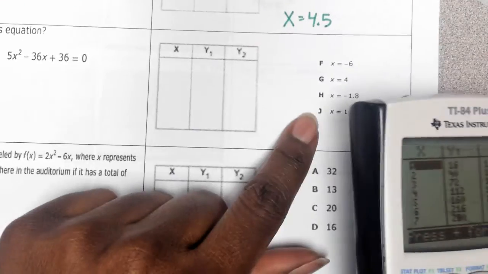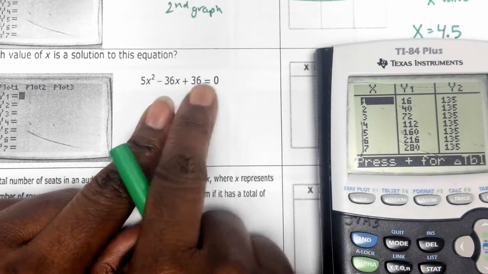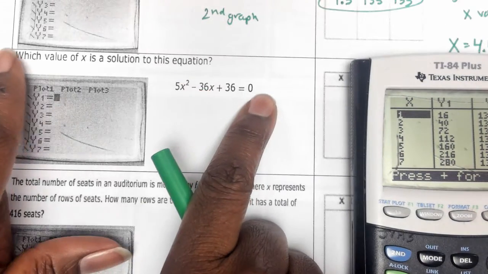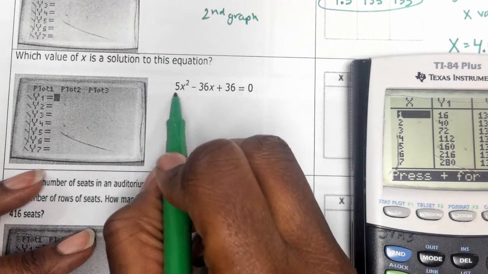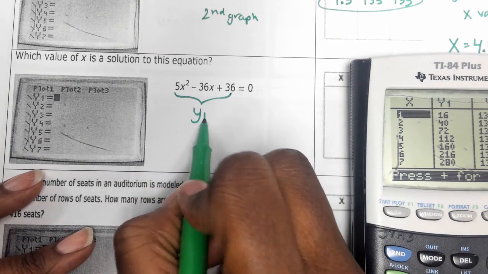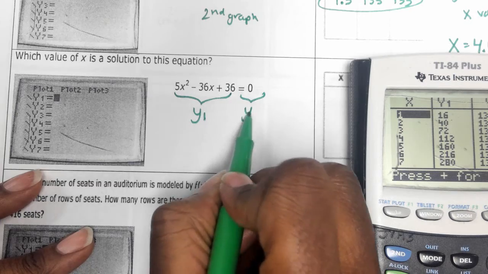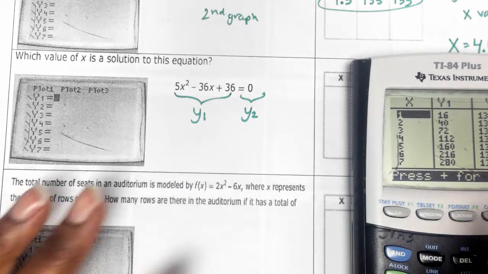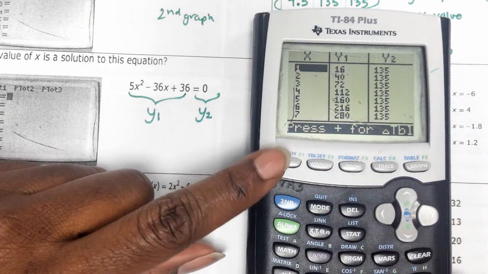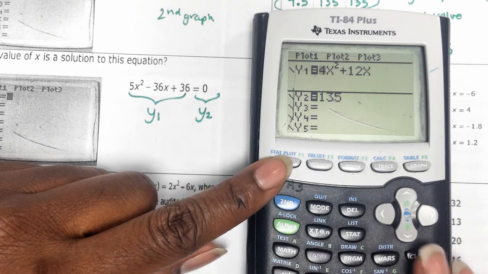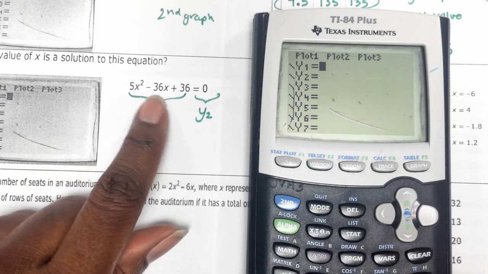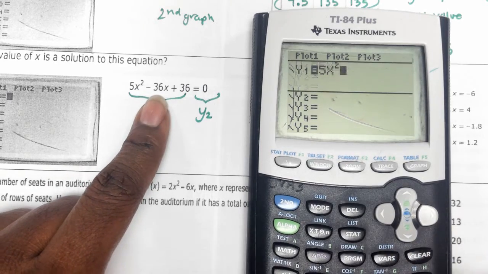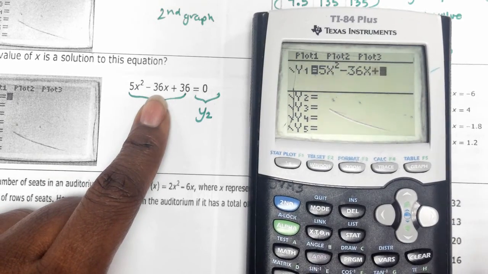You're going to see we're going to have to do it right here for this next one. So, I have an equal sign in the middle of two things. It says which value of x is a solution. So I need to put this in the y1, and then I just put a measly old 0 in the y2. So in your y equals, and clear that out, I need to put in 5x squared minus 36x plus 36.